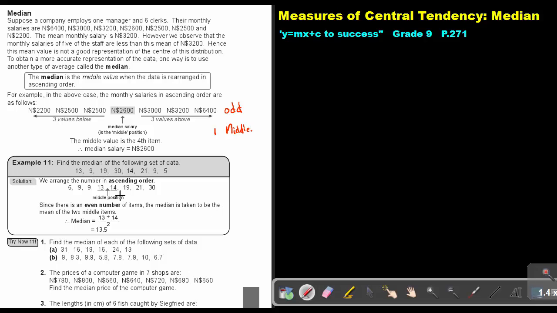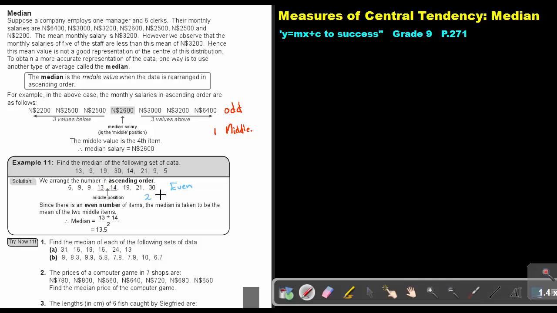But if there's an even amount, I'm going to write it with another color. If there's an even amount, can I show you? Because it's 1, 2, 3, 4, 5, 6, 7, 8. So then there will actually be 2 values in the middle.